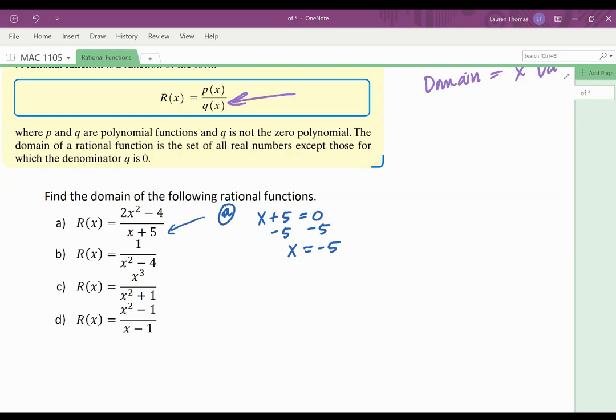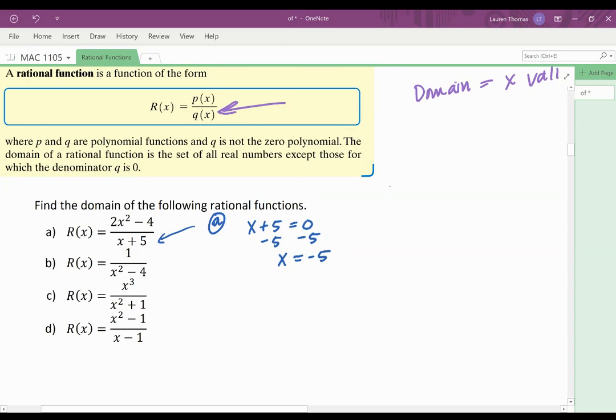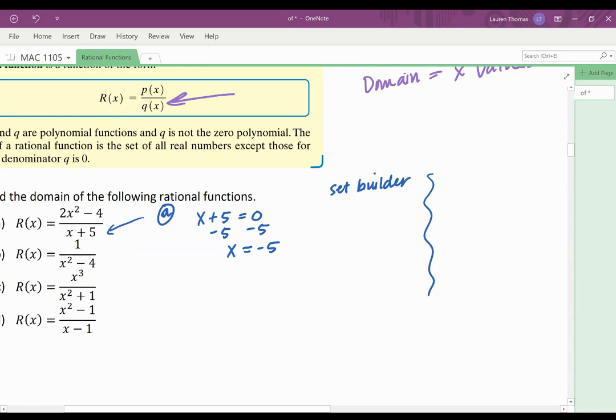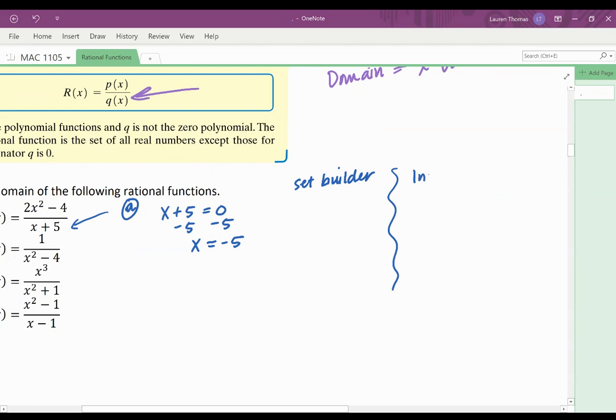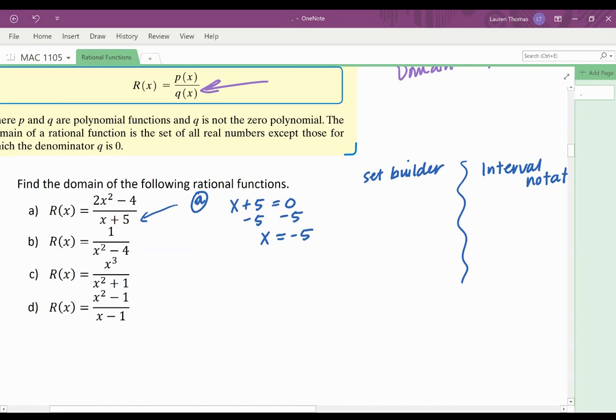When you're writing these domain problems, you're going to be writing them in either set builder notation or interval notation. So you just have to be prepared for how they ask for your answer. If I were to write this in set builder notation, remember set builder starts off with a brace, not squiggly.